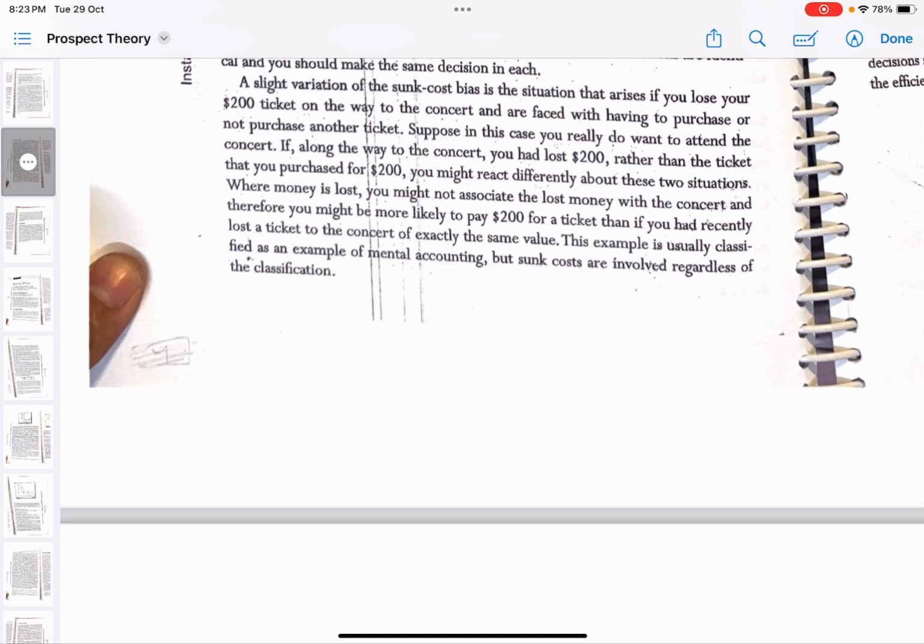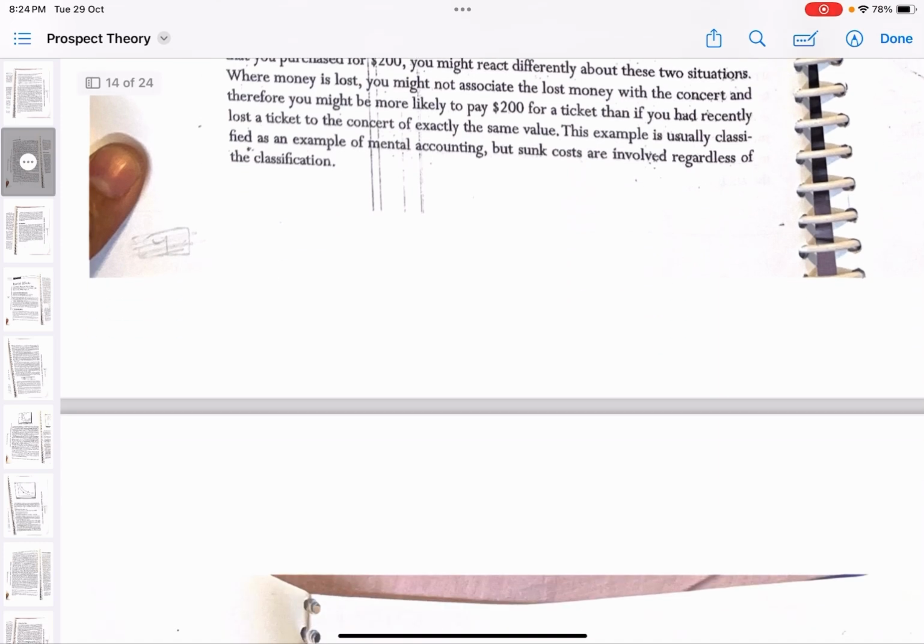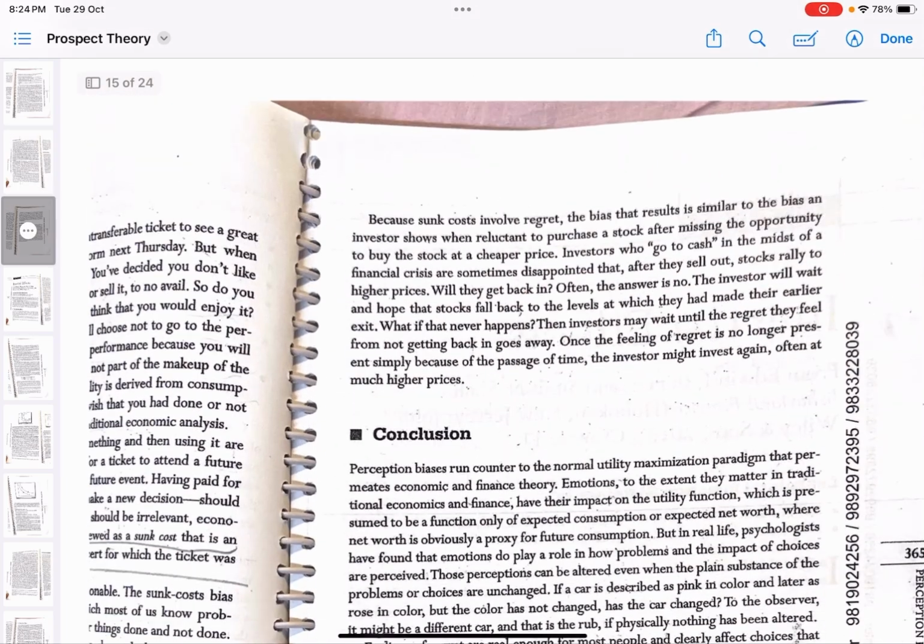Where money is lost, you might not associate the lost money with the concert, and therefore you might be more likely to pay $200 for a ticket than if you had recently lost a ticket to the concert of the same value. So this is what is known as mental accounting, right? For me, losing a ticket and losing $200 are two different events, even though the price of the ticket was just the same.